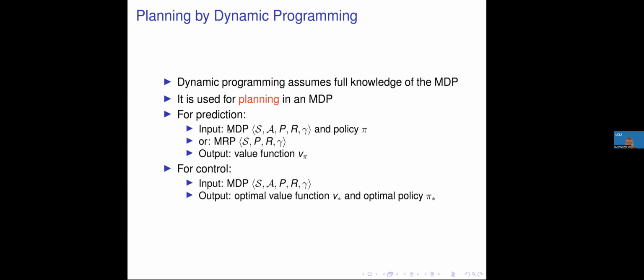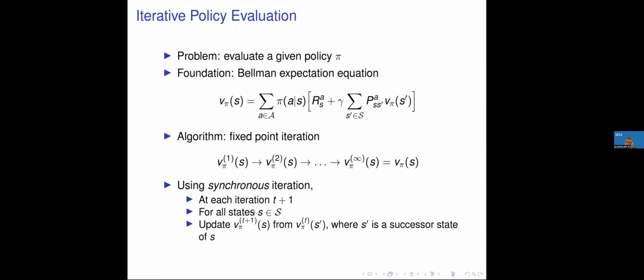Given a Markov decision process, for example the states, actions, transition probability, reward, and discount factor gamma, and also a policy pi, we want to evaluate the policy, to calculate the value for this policy. This is called prediction. Another problem is called control. Given just the MDP, we want to find the optimal value function V star and optimal policy pi star. We will talk about both the prediction problem and the control problem.